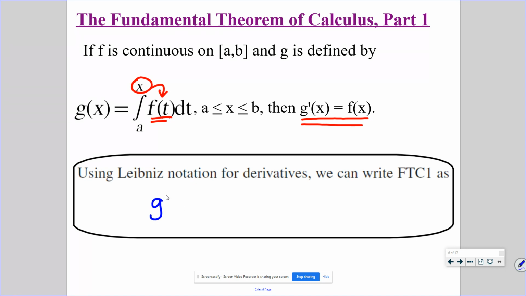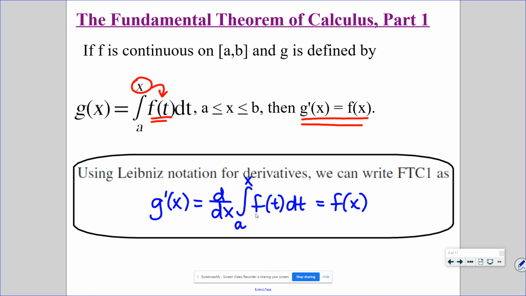It would look like g prime of x is equal to the derivative of the antiderivative, which are the two things that cancel each other out, which is then just basically the same as the function on the inside with x plugged in instead of t.